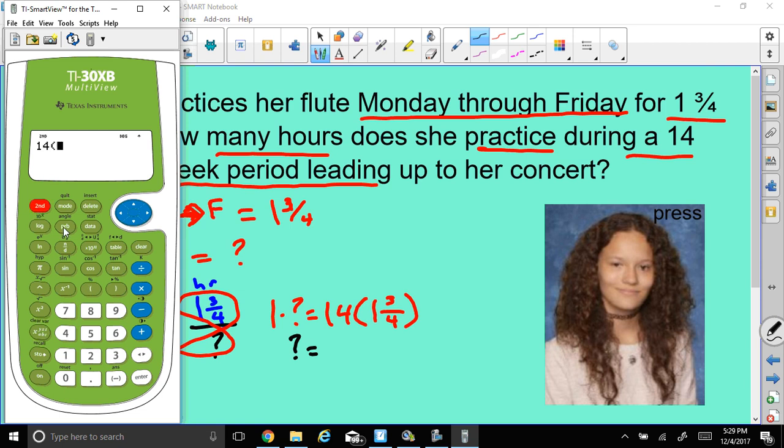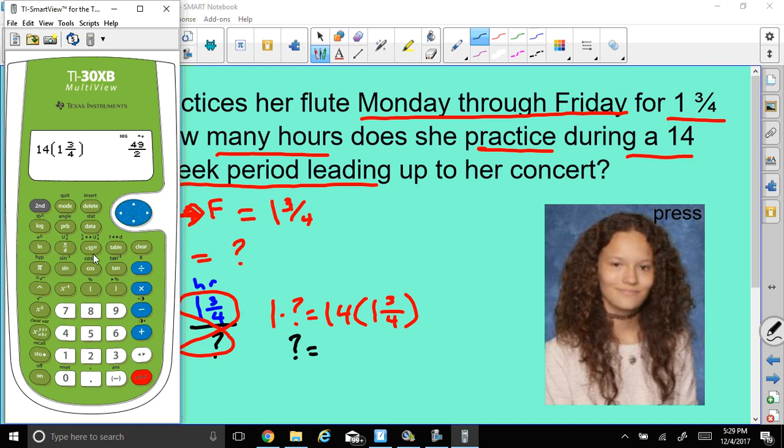My calculator is a little bit different. So I use this mixed number. So 1, and let's move over to 3, and go down to the denominator, 4, and go over. There's my fraction, and all I got to do is multiply, put my parenthesis there, and that gives me 49/2.